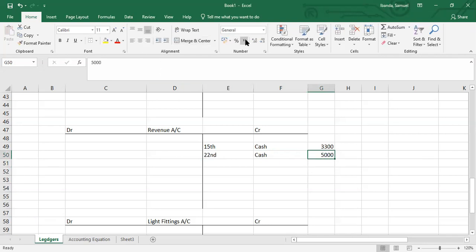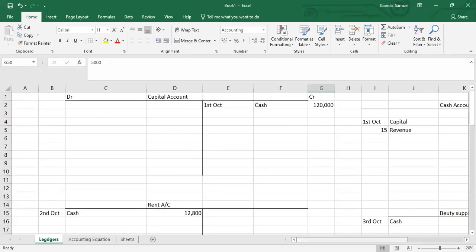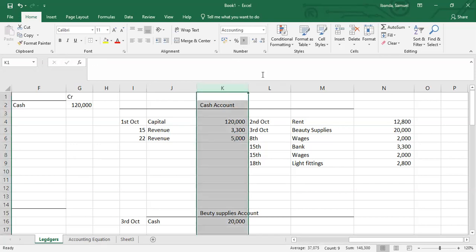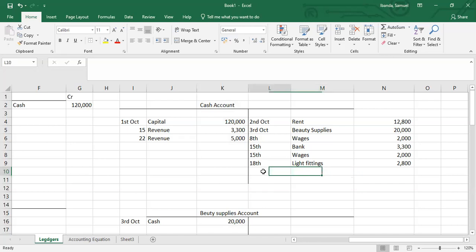So what I'll do, I'll go up here in my cash account. Since it's revenue, 22nd, I'll call this still revenue. How much? 5,000. So I've recognized the cash that comes through. Now, this money is banked. What will happen?